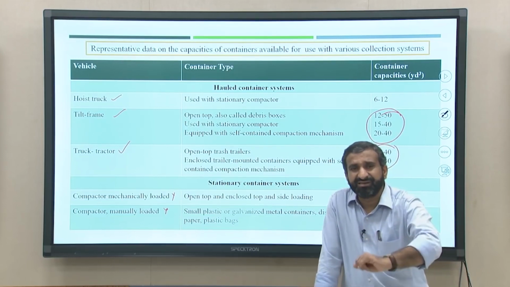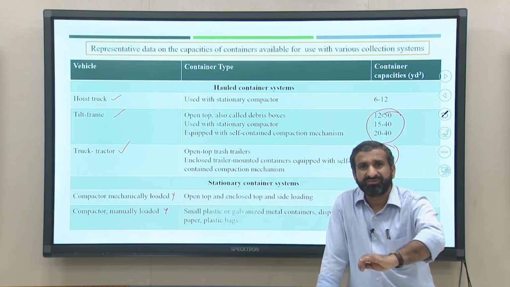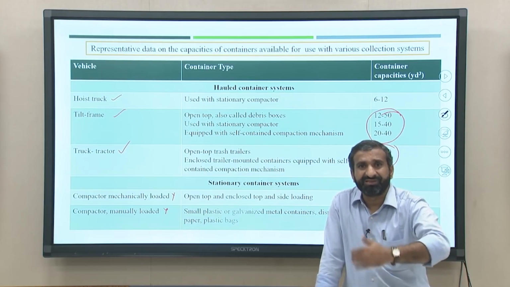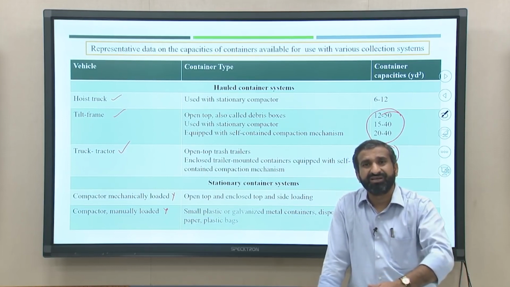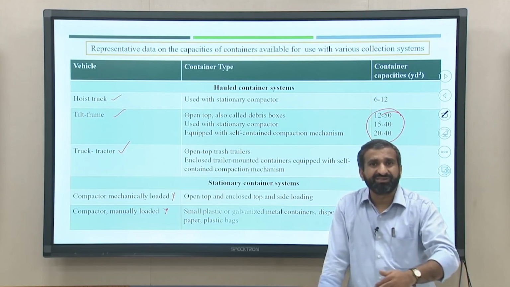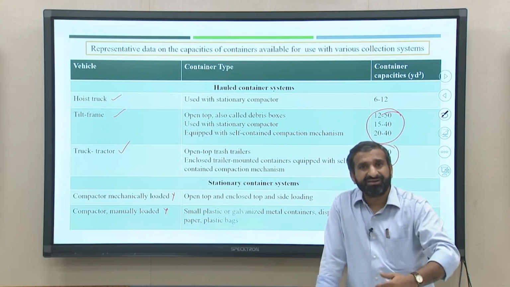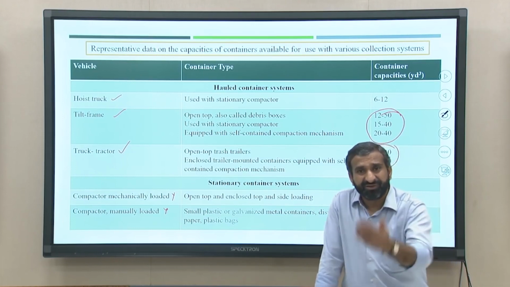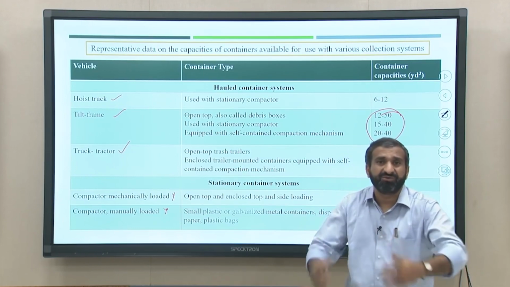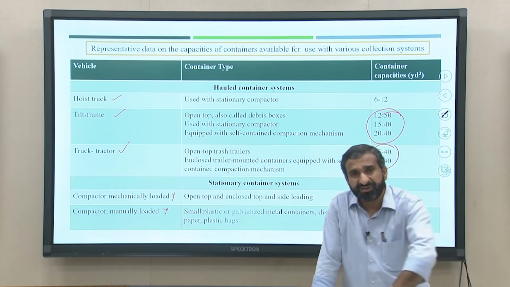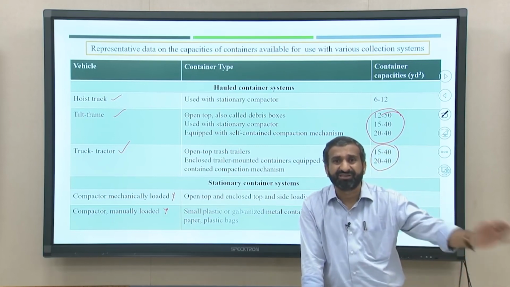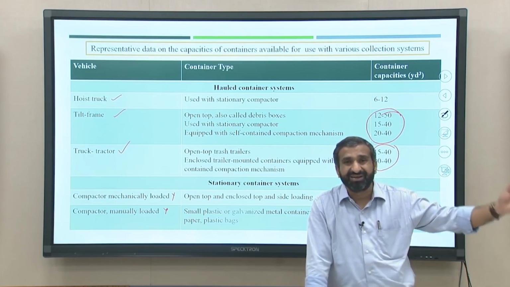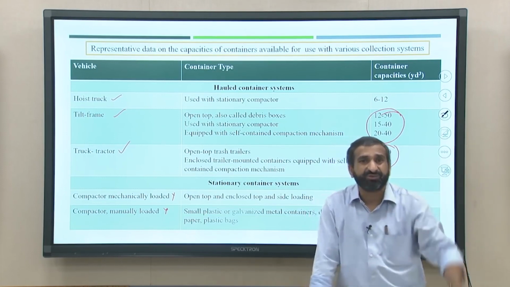Actually, what happened in the JNNURM program in 2005-2006, when these 35 cities got a good amount of funds, is that they started the haul container system for the entire city, and they never thought of the utilization rate. In some locations they were very happy because a large amount of waste was being generated, but in most locations where waste generation was low, they were unnecessarily hauling the entire container to the disposal site.